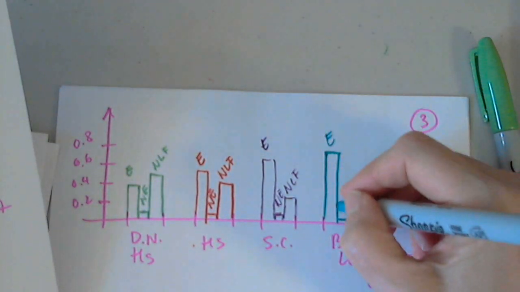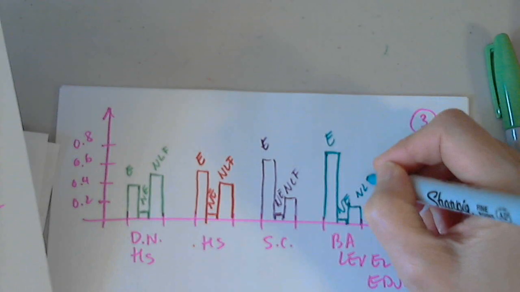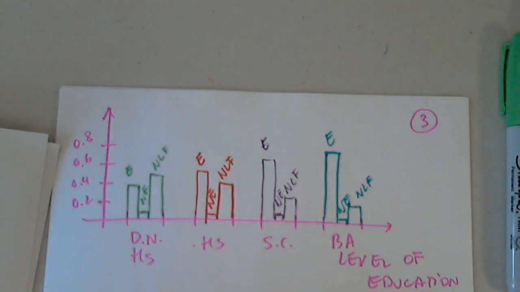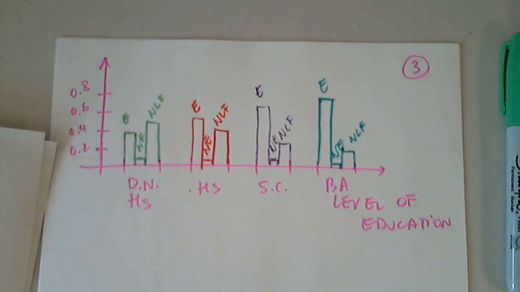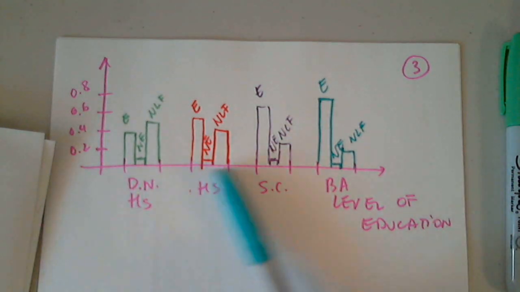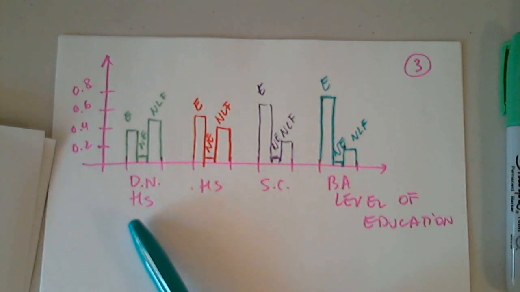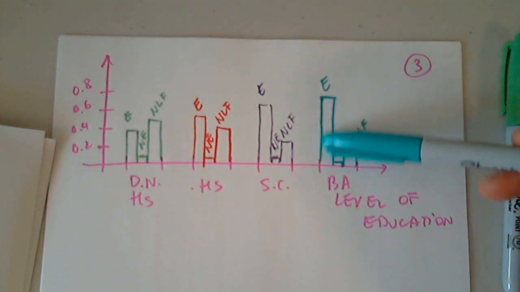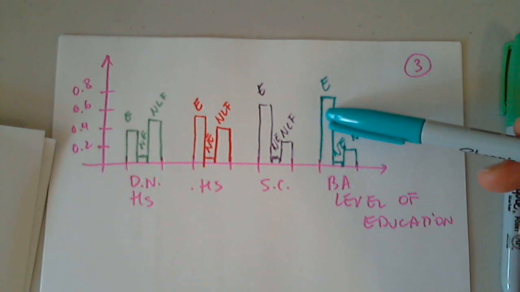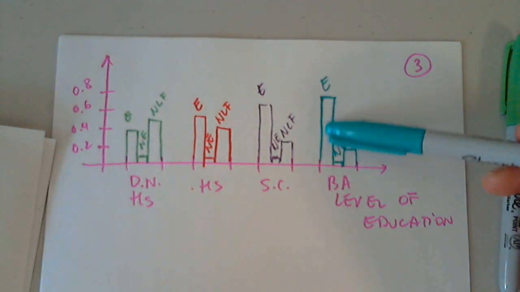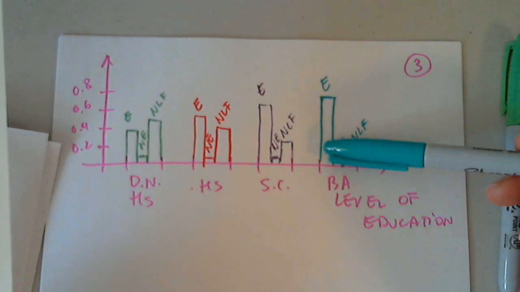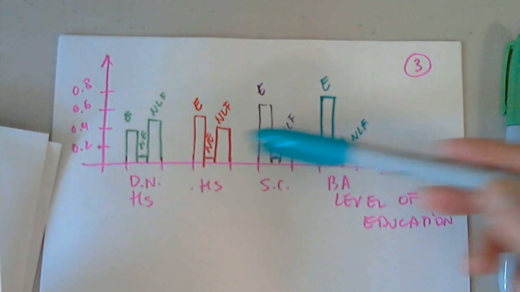So employed, not employed, not in the labor force. And we can see even from the bar graph that this stands at 73% almost, much higher than all of them.